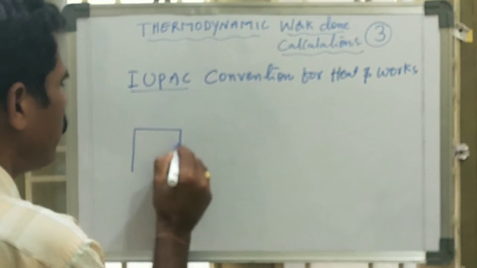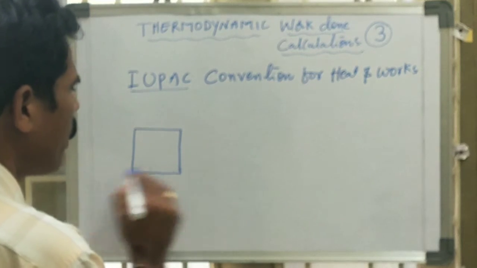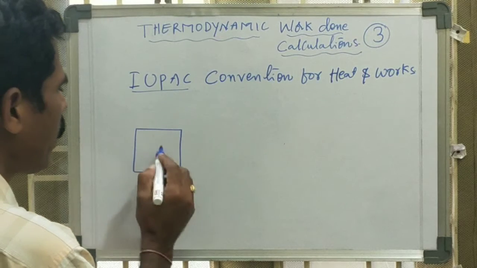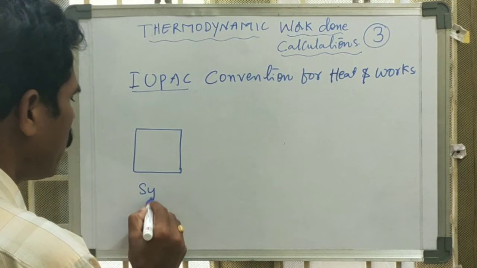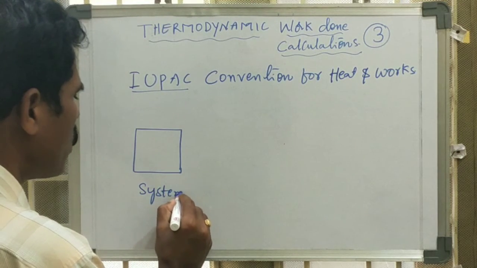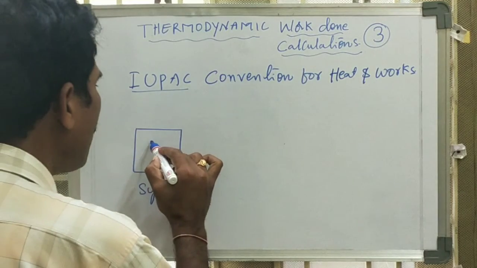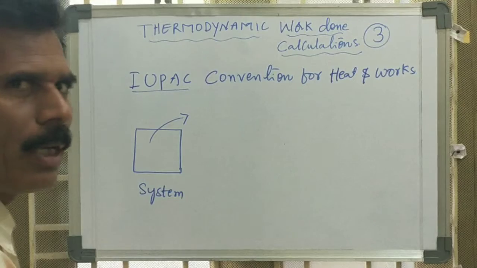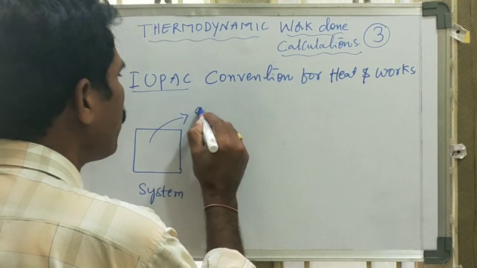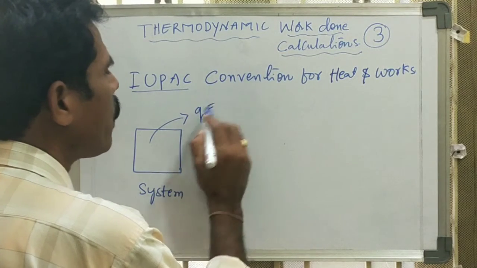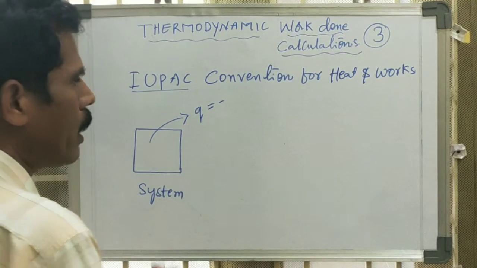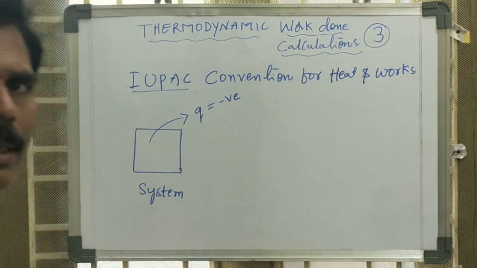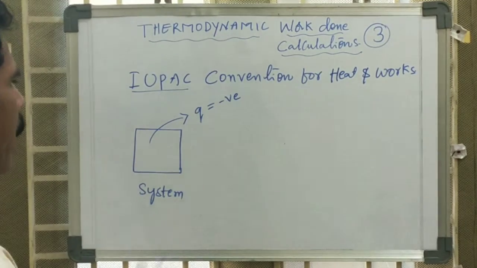This is a system with gas or anything. So that system loses heat. Heat is represented by Q. Q is negative.